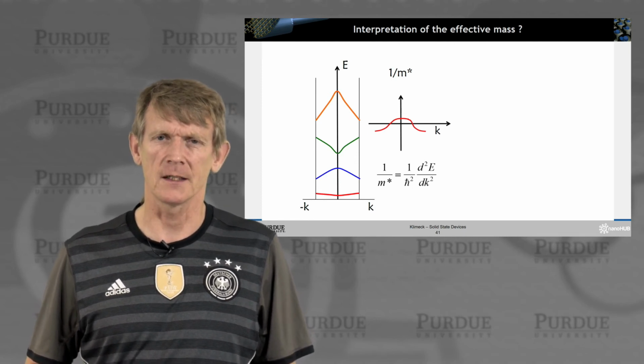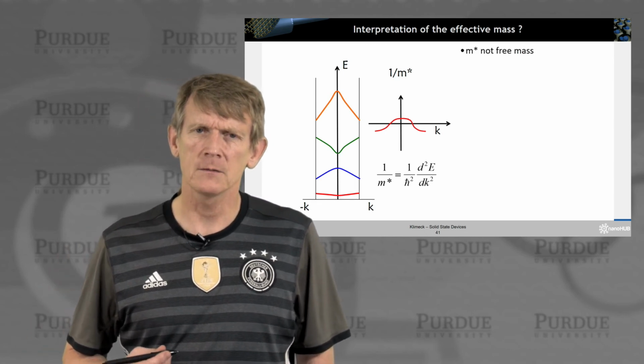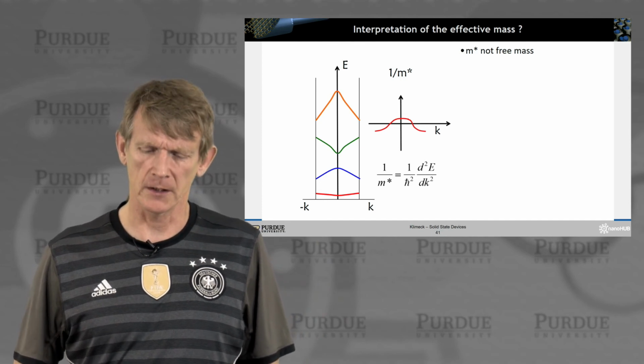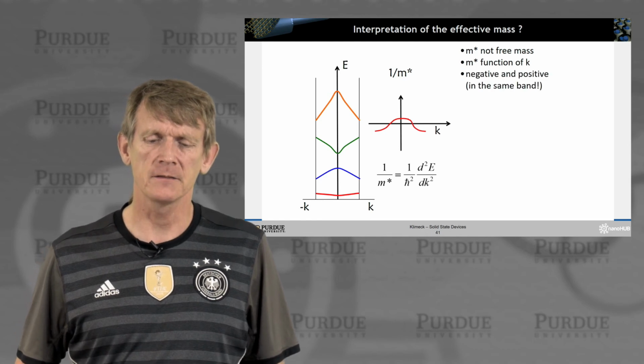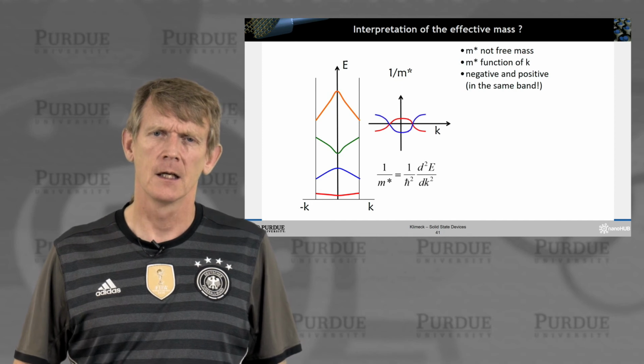It even changes signs. And it means these wave packages are not free particles. It's not the free electron mass. It's a function of K. It can be negative and positive in the same band, which is kind of surprising.